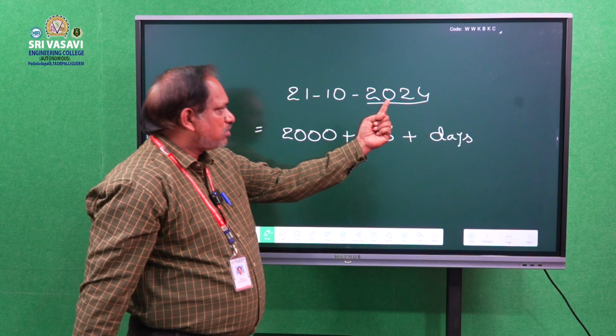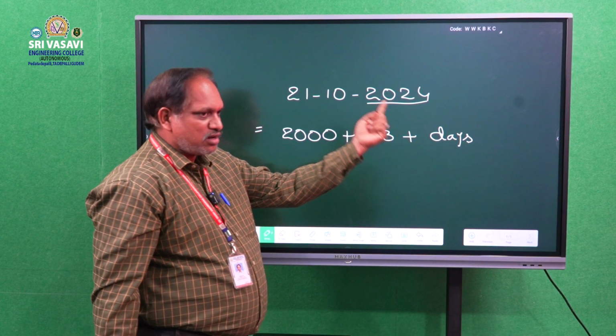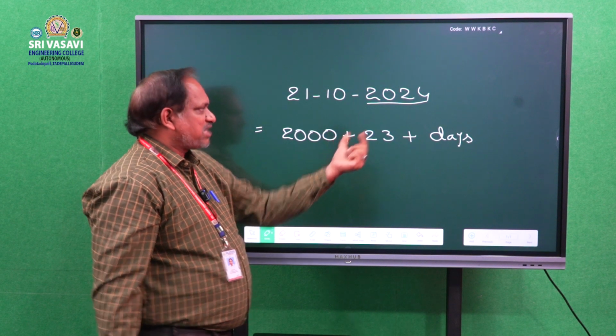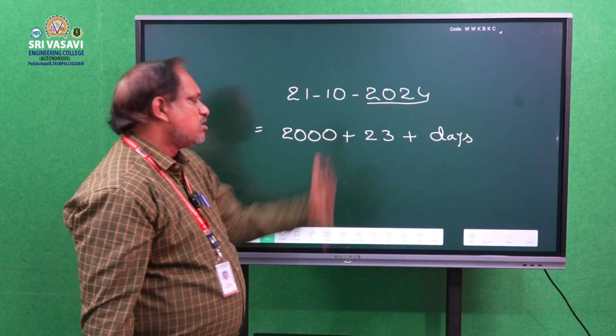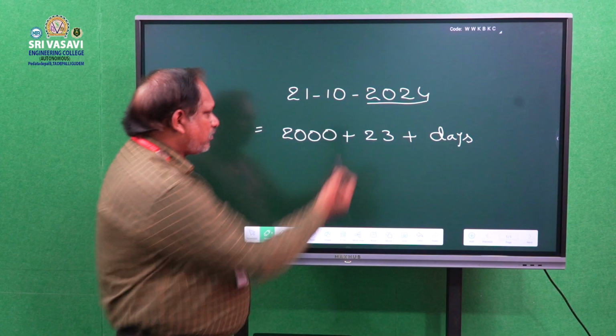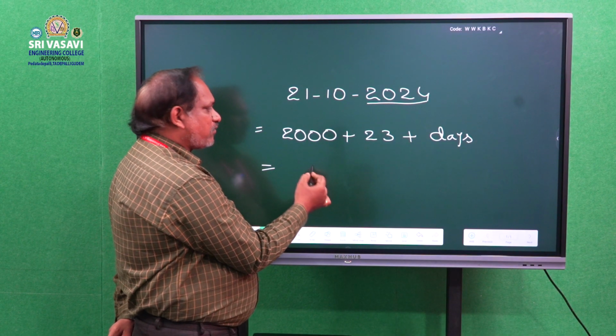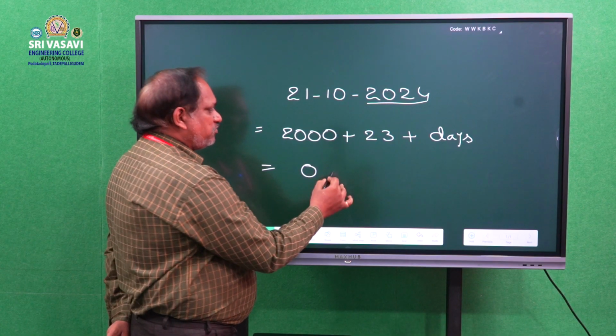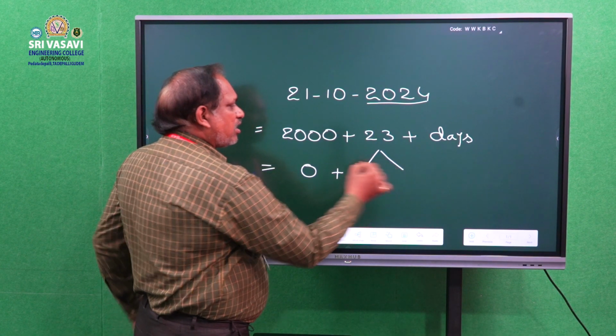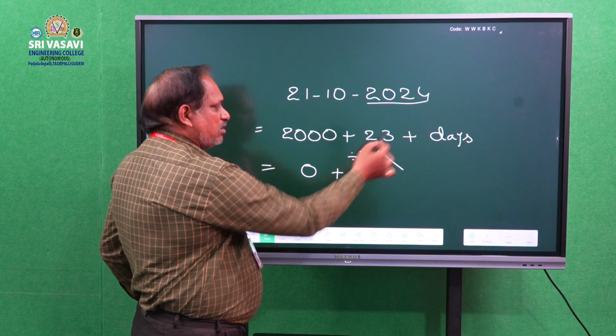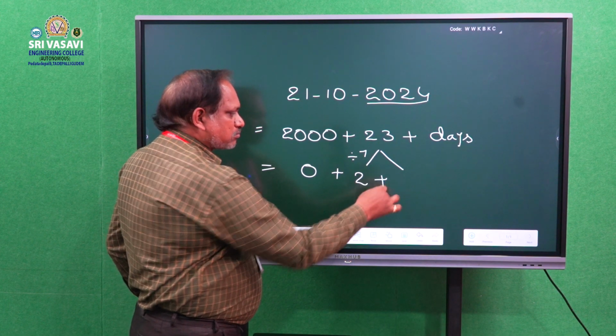Actually in the previous two examples, centuries were also there, 100 or 200 or 300 that we mentioned, but here centuries are 0, so they need not be mentioned. If you want, mention 0. Now for every 400 years the number of odd days is 0 we consider, and here 23 years, first we divide by 7, the remainder is called 2.